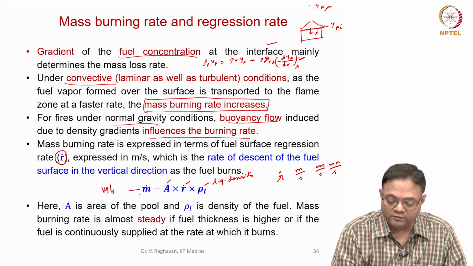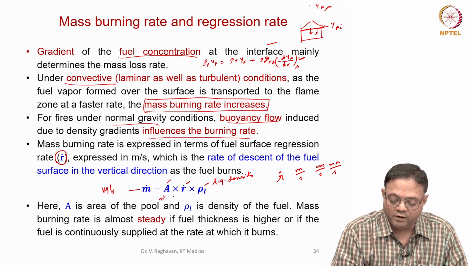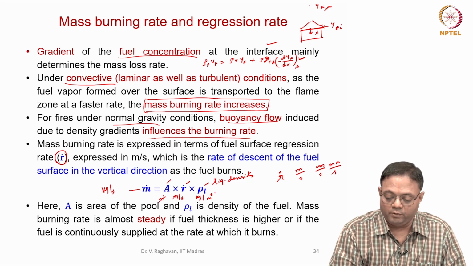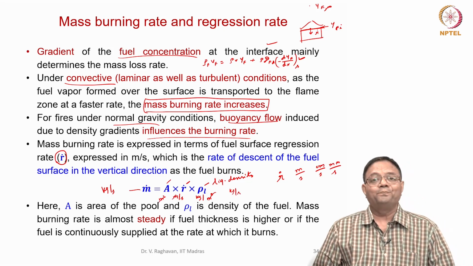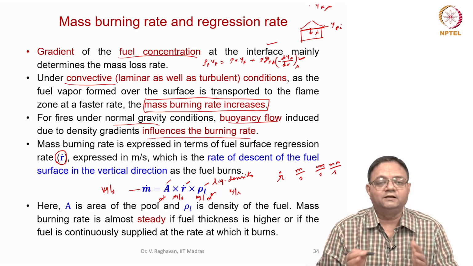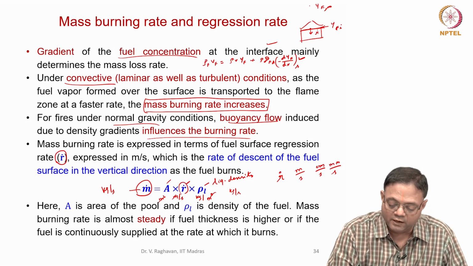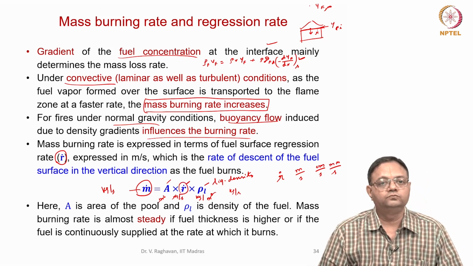Okay. So, you can see this is kg per second, this is meter square, this is meter per second, this is kg per meter cube. So, meter cube and meter cube cancels, and this is kg per second. So, this is the relationship between the mass burning rate and the regression rate. Okay.